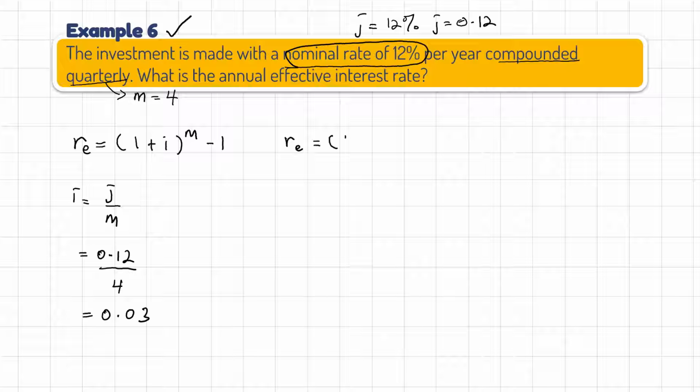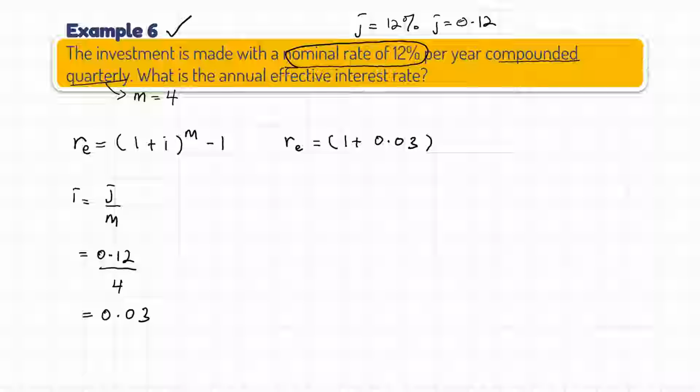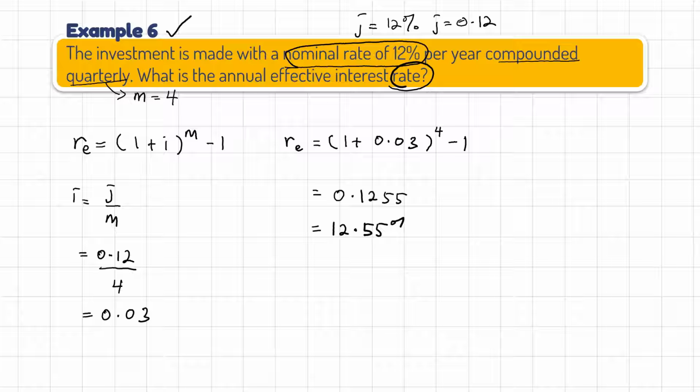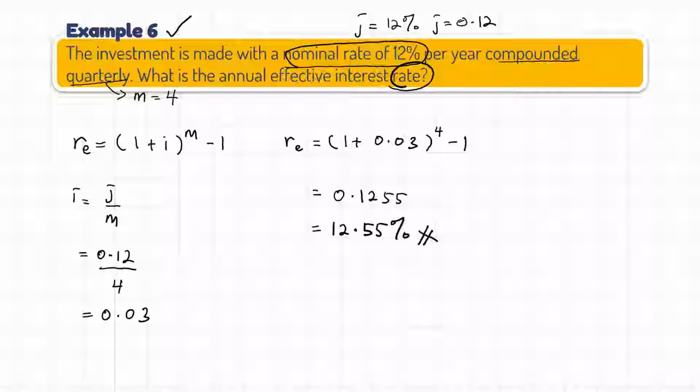So we will have 1 plus 0.03 to the power of 4 minus 1. Just press your calculator and you will get your answer 0.1255. You need to express your effective interest rate in terms of percentage because this is a rate. So we need to write it in terms of percentage and it will become 12.55%. So this will be our final answer.